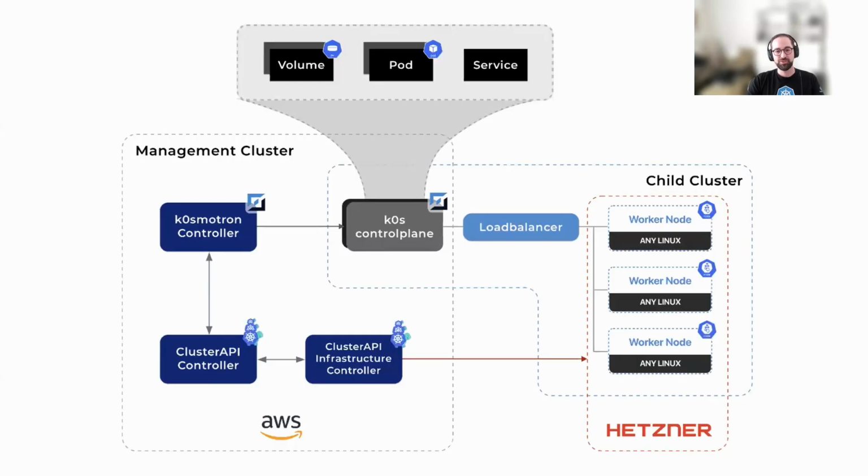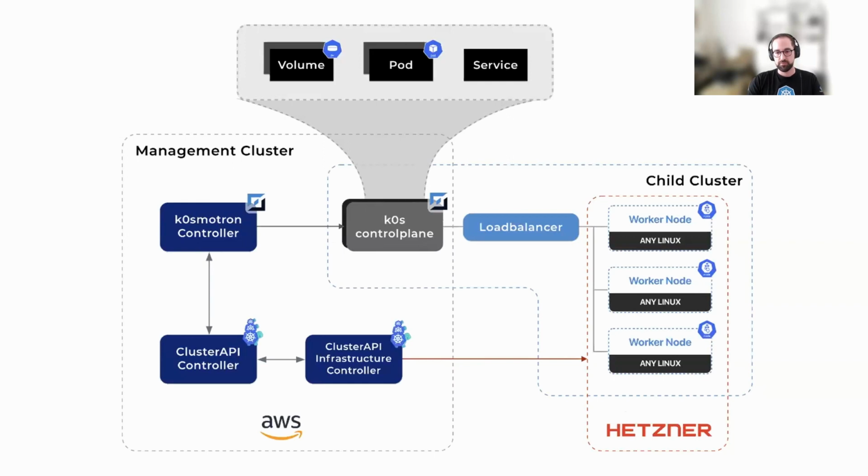We will have a look into a small deployment of a management cluster running on a single machine. That's again something special about k0s. So you can have single machines with single node clusters where all the different controllers are running.